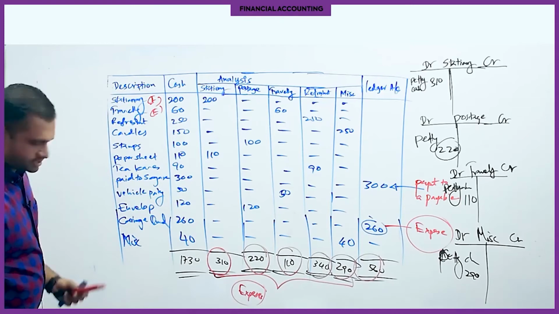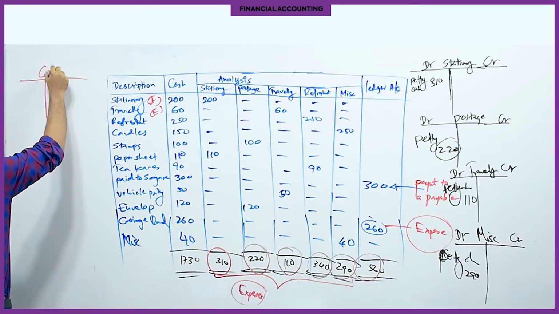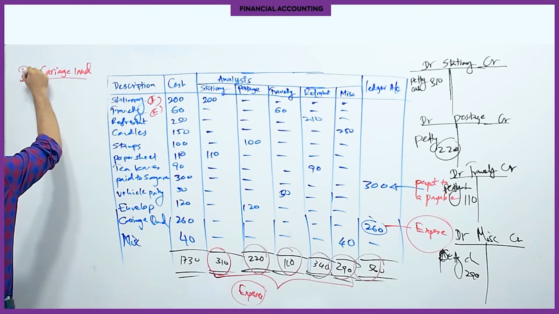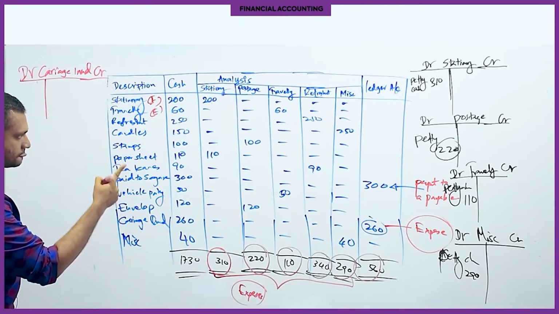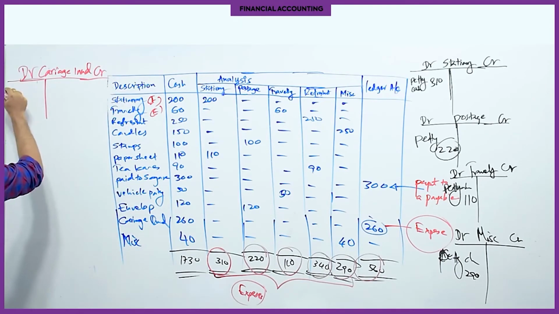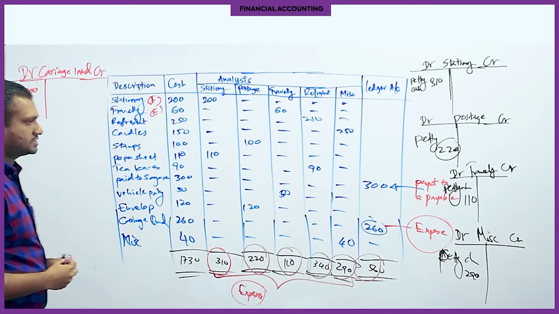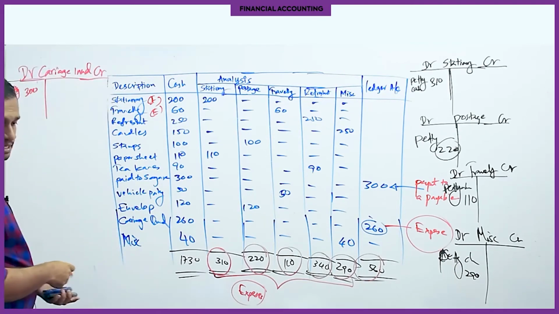So, carriage inward is also an expense account. So, the amount would be 300. Right. So, these are the expense accounts you will see in our ledger.